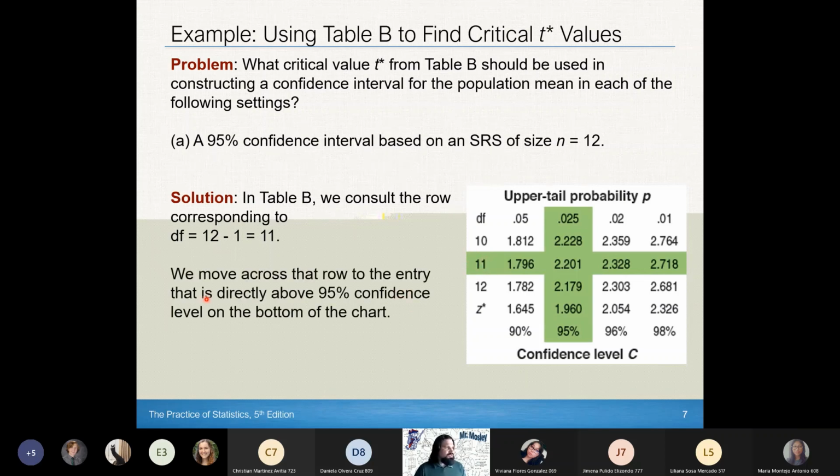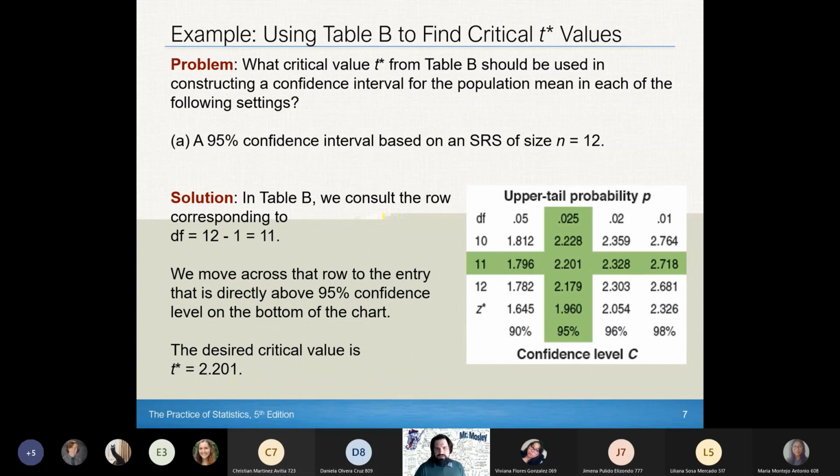We move across that row to the entry directly above the 95% confidence level at the bottom of the chart. The bottom of table B is a list of confidence levels going from 50% to 99.9%. At that intersection, we get 2.201. So the desired critical value is t star equals 2.201.